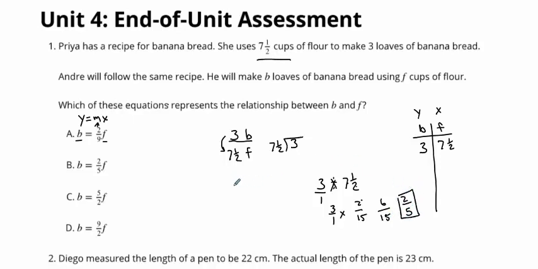So we get, for every 1 cup of flour, we have 2/5 loaves of bread.